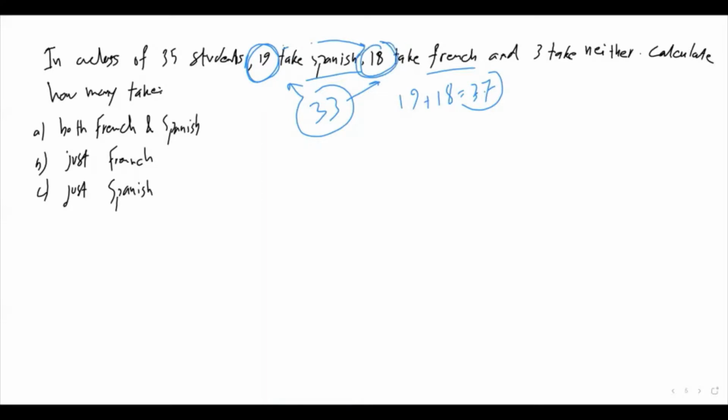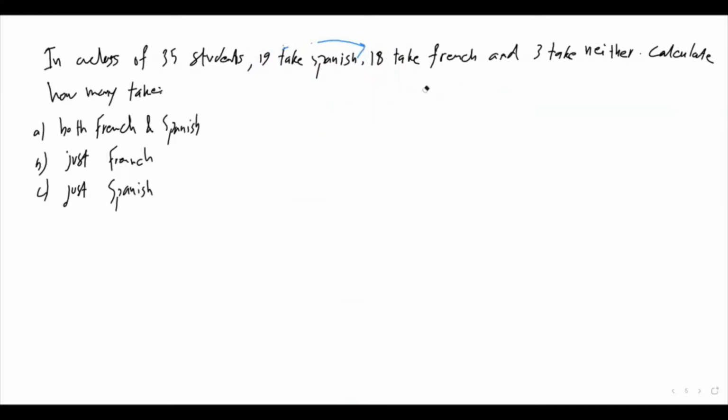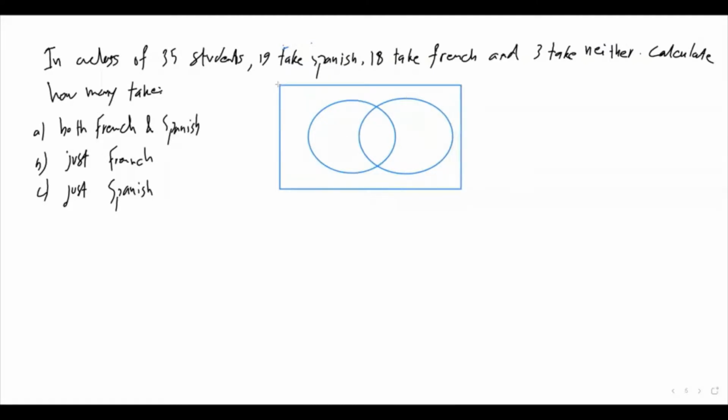So if you draw the corresponding Venn diagram, there is a region that overlaps between Spanish and French. It's quite difficult to solve this using just algebra without Venn diagrams. Venn diagrams help us a lot if you draw them.